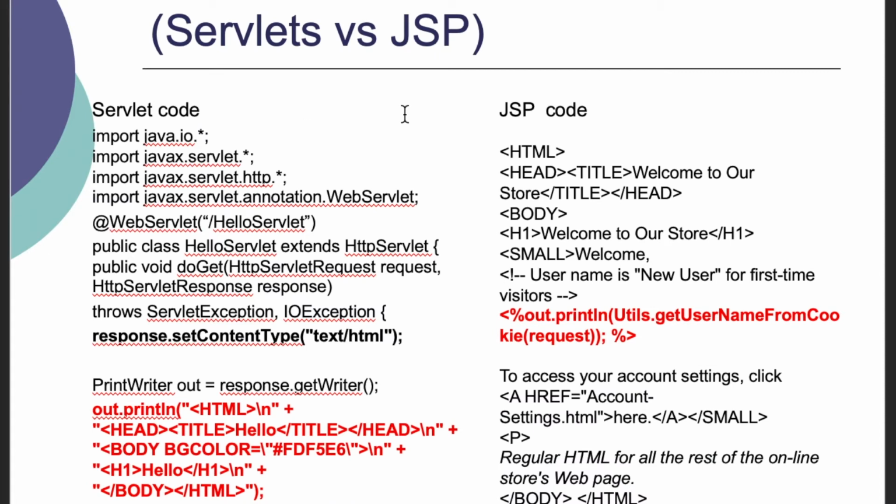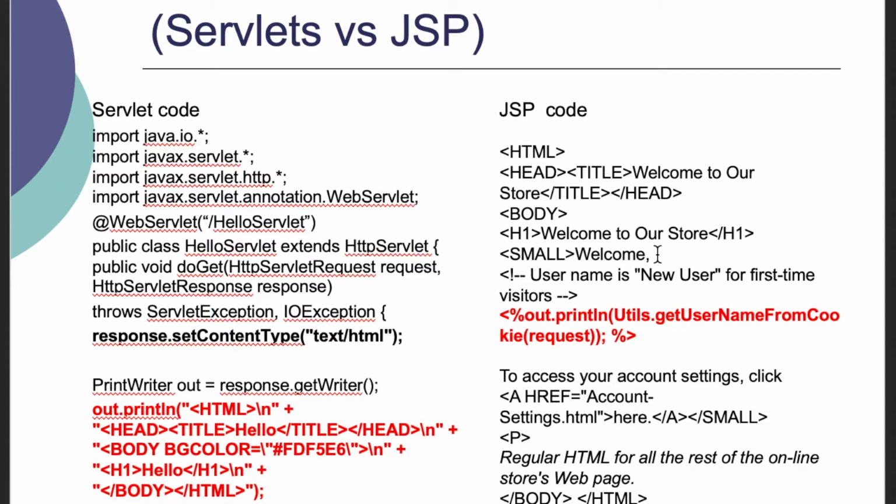Okay, as we know, the servlet is not easy for embedding the HTML. This is the servlet code as we covered in the previous chapter. This is how to display the hello. You need to embed the HTML inside the Java code. However, on the right hand side, this is the JSP code.